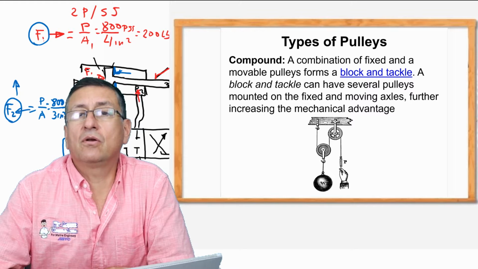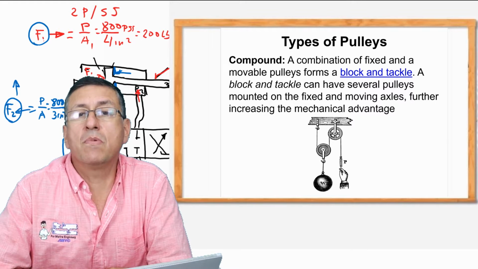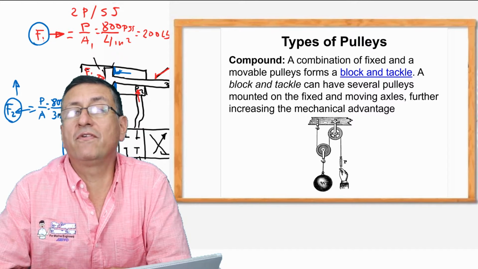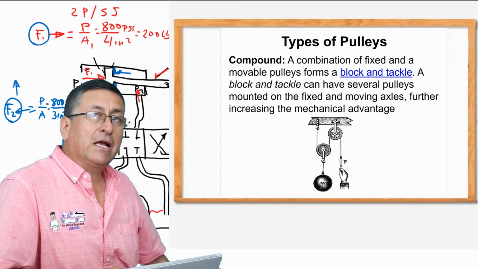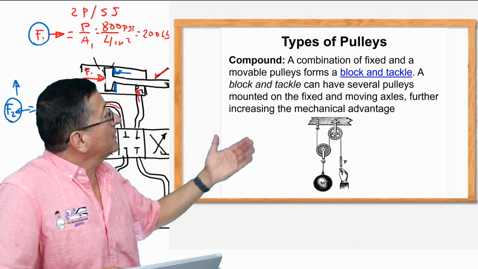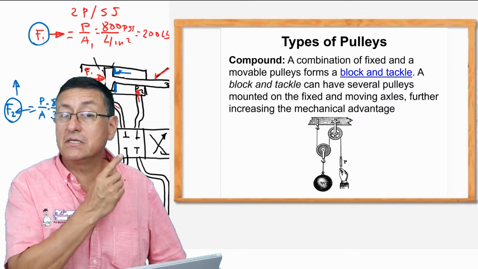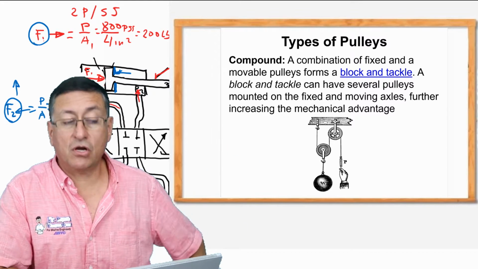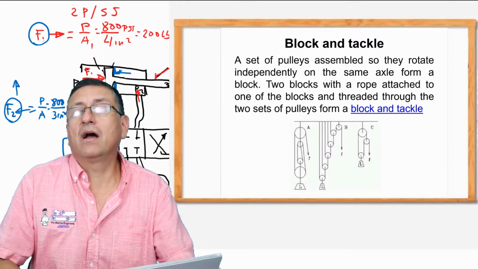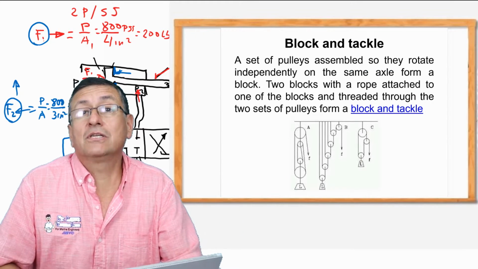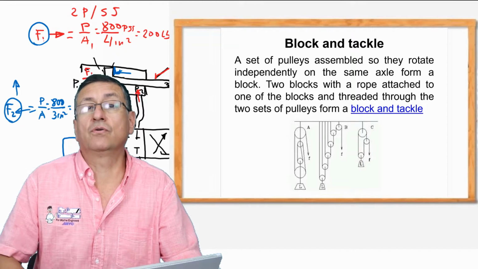A block and tackle can have several pulleys mounted on a fixed and moving axle, increasing the mechanical advantage. This is the typical block and tackle. This is the most simple block and tackle. Now we are going to try to understand other types of blocks and tackles and the mechanical advantage of those.